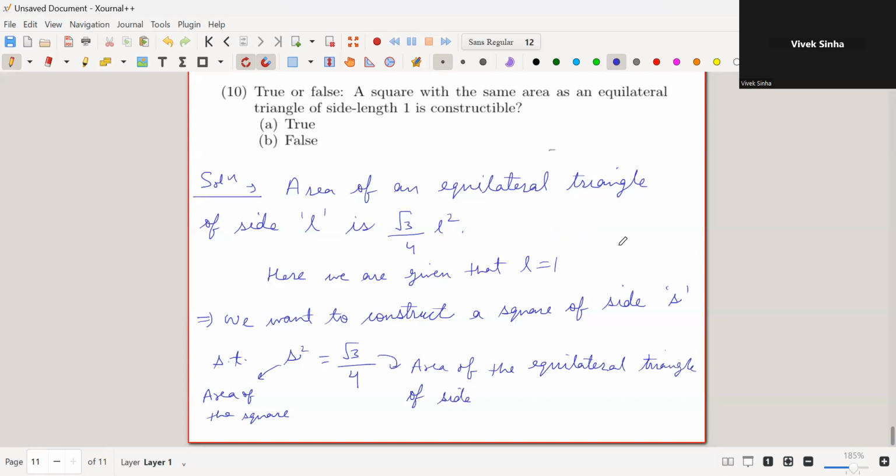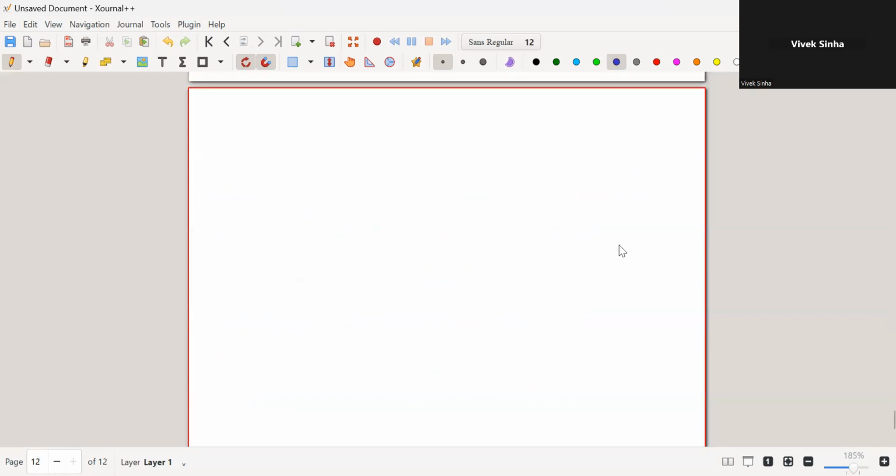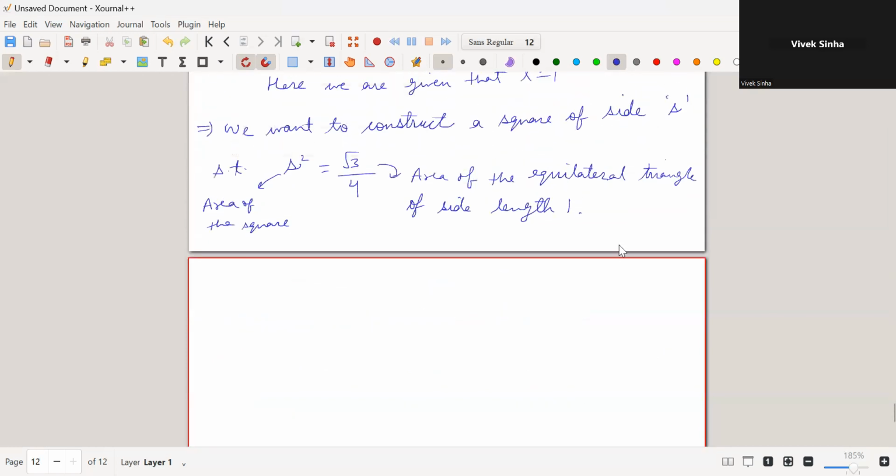So this square is constructible if and only if S, equal to the square root of root 3 upon 4, is a constructible number.